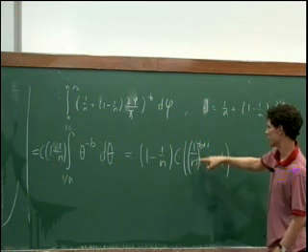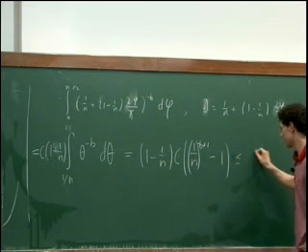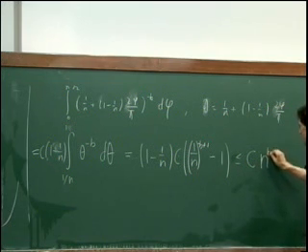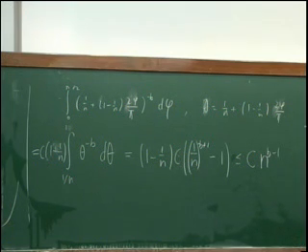And this is the estimate that we have desired, since this is less than or equal to c times n to the b minus 1. And it's similar for the other intervals.